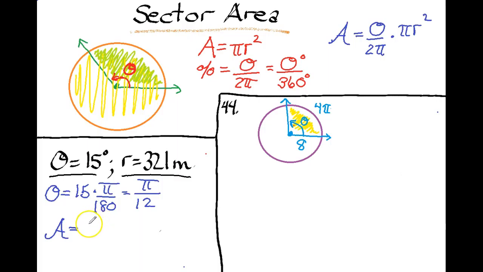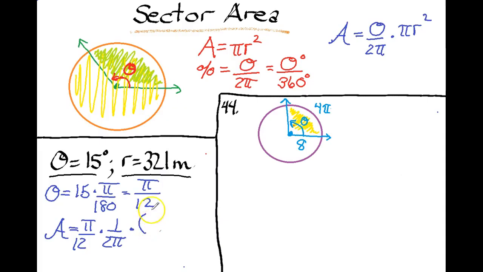And we're going to say, okay, pi over 12, and we're going to multiply that by 1 over 2 pi. And then we're going to multiply that by the area of the entire circle that has a radius of 321 meters.